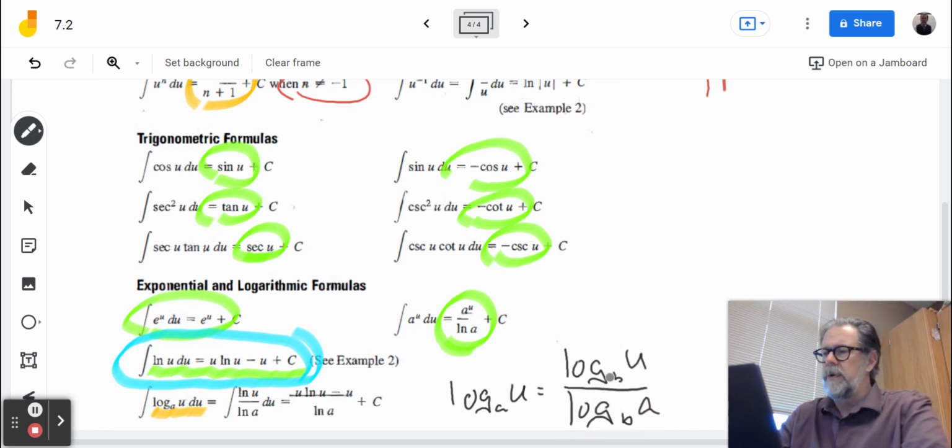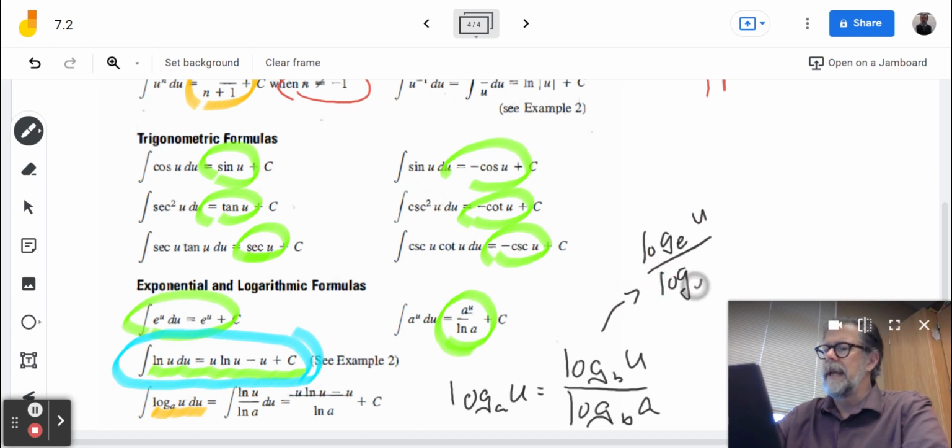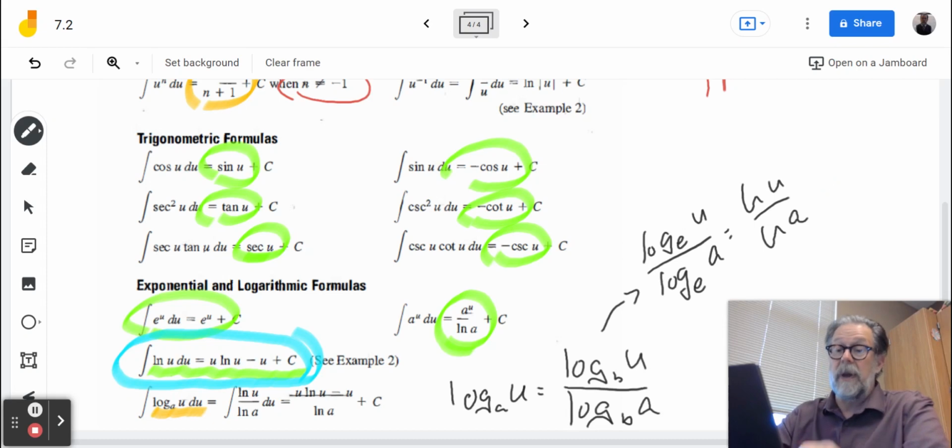If I choose base b to be e, log base e of u over log base e of a, but log base e is natural log. So we're just using the change of base formula to turn this into a natural log problem. Since natural log of a is a constant, we can pull it out front, and then it's just the integral of natural log of u times 1 over natural log of a. Again, the reason I like the constants to be out front is that it just makes life, in my opinion, easier.